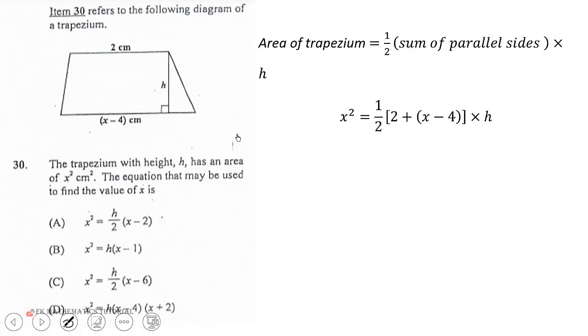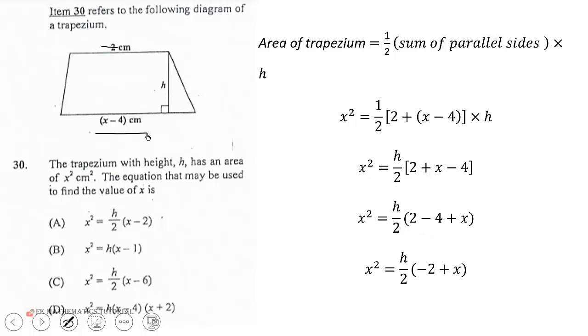So we're given the area to be x squared, so we equate it to half times the sum of the bases. The bases are 2 and x minus 4, times h. So we simplify to obtain x squared is equal to h over 2 times negative 2 plus x. Therefore, the correct answer is option A.